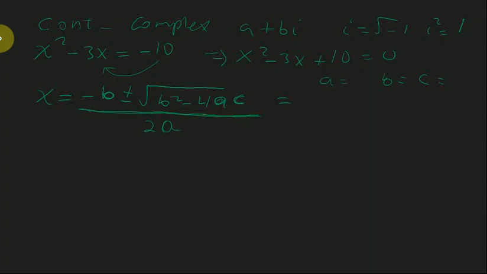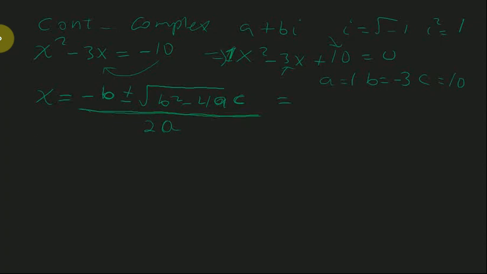In front of any variable there should be a 1, even though it's not showing. So a is 1, b is -3, and c is right here, 10, right?